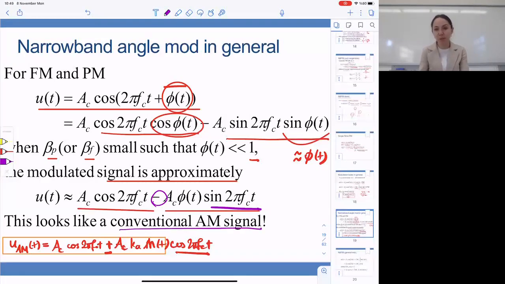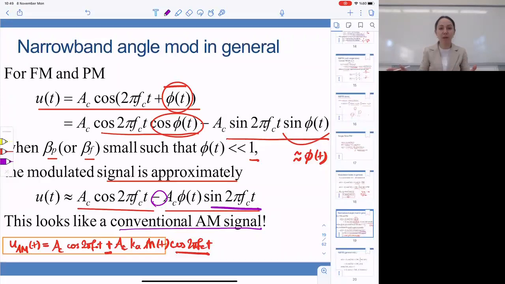Whether it is PM or FM doesn't matter, because we're doing single tone. Single tone means when you integrate, you still get a single tone. So narrowband FM and narrowband PM are like conventional AM. That should be a hint that if we want to consider FM as a different modulation with superior benefits, we need to consider the wideband case.